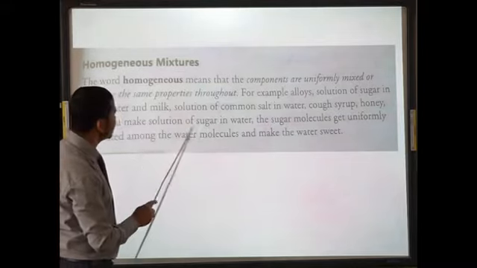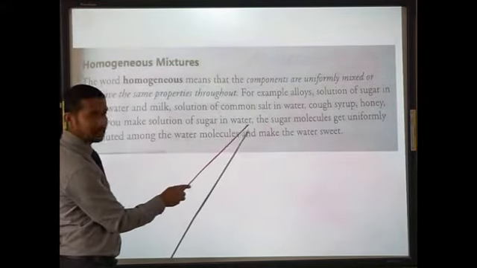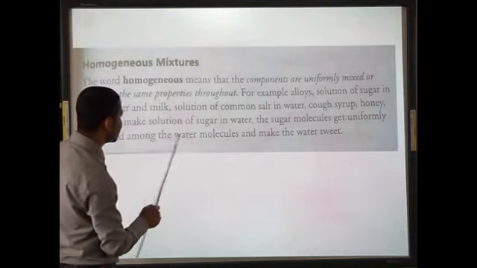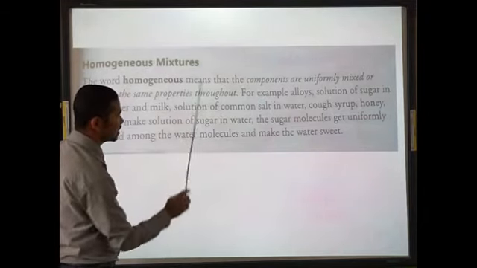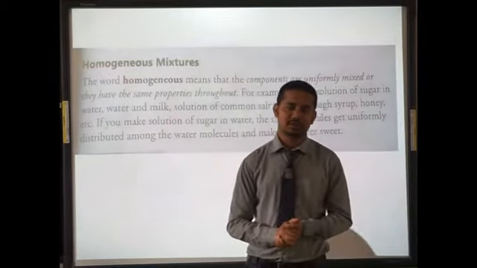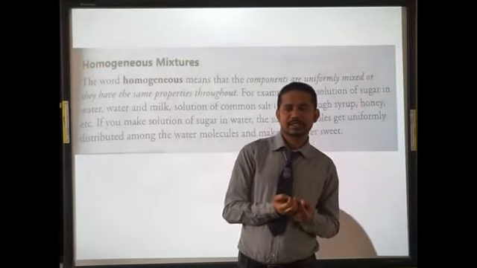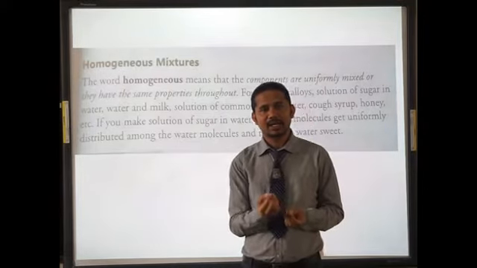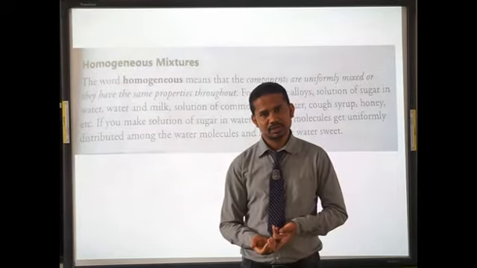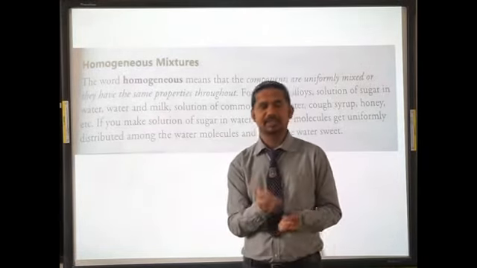If you make a solution of sugar in water, the sugar molecules get uniformly distributed among the water molecules and make the water sweet. After dissolving sugar in water, if you take one spoon of water from the bottom, it will be sweet. One from the middle will be sweet.